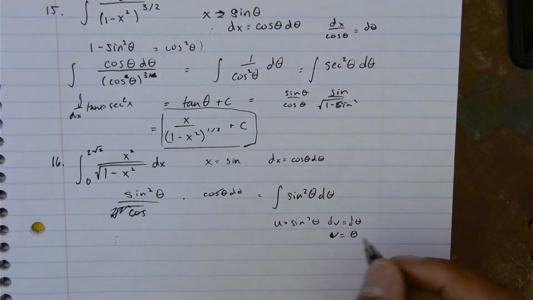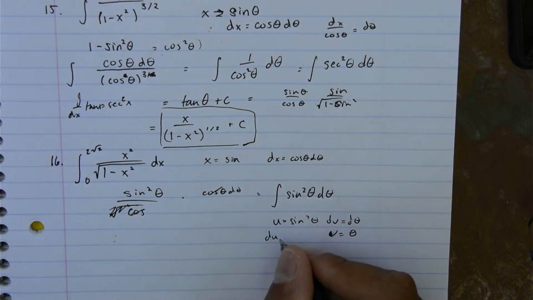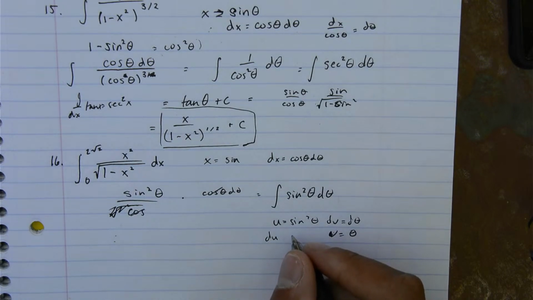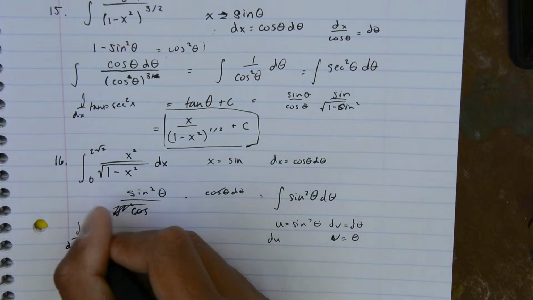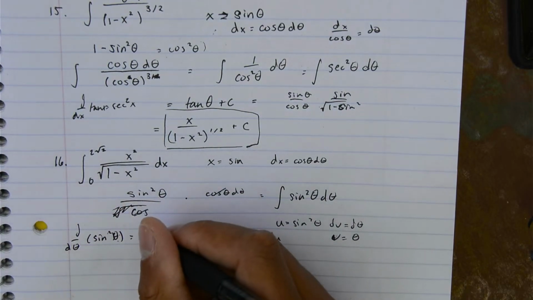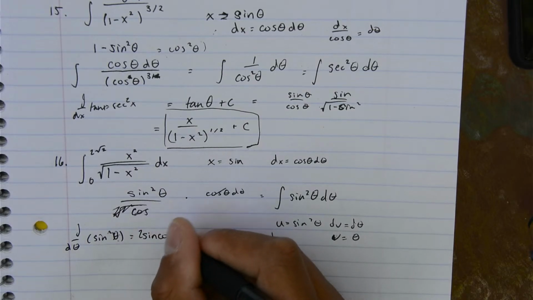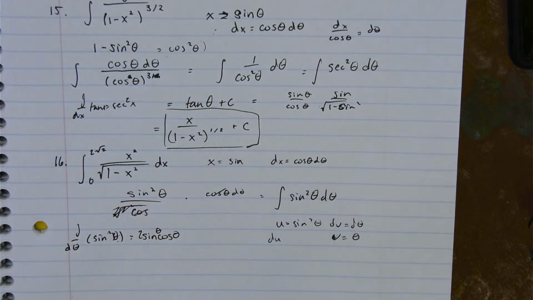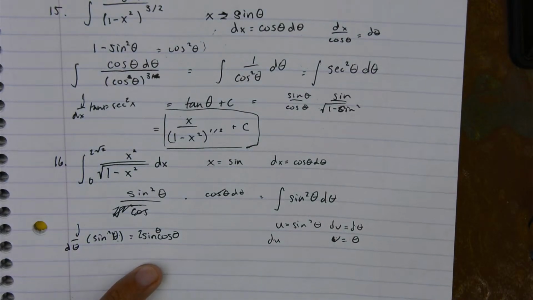Then you do the du. What is the derivative of sine squared theta? It's going to be 2 sine theta cos theta, right? Oh, that's not going to work. We're not going to be able to do that.